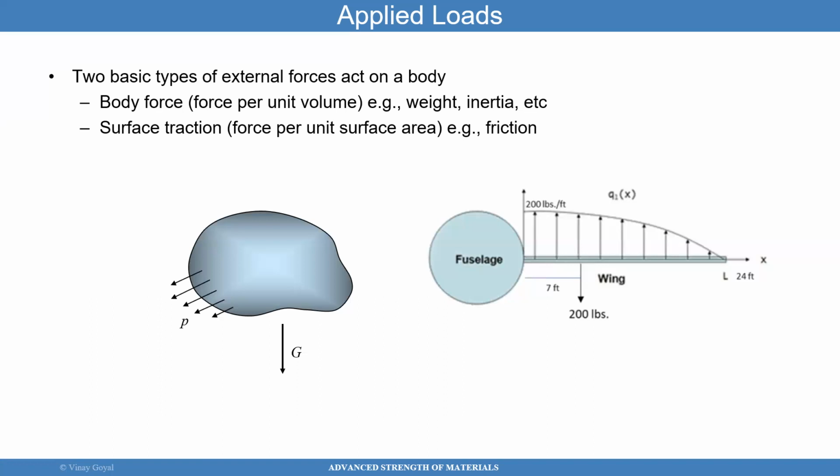An example is an aircraft traveling, which is going to have drag, surface drag. And that drag is going to be tangential to the surface of the aircraft. In the case of lift, you're going to have a pressure acting perpendicular to the surface. And in this case, you can see this particular lift load applied to this wing, which causes the wing to bend and produce stress internally.